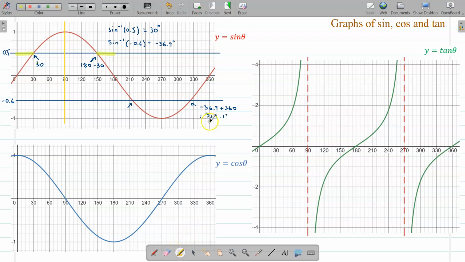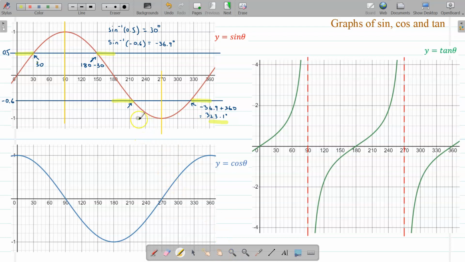Now the other angle here can also be found by recognizing some symmetry. If I put a line of symmetry down through here at 270, you should be able to see that that distance in from the 360 is the same as this distance added on to 180.